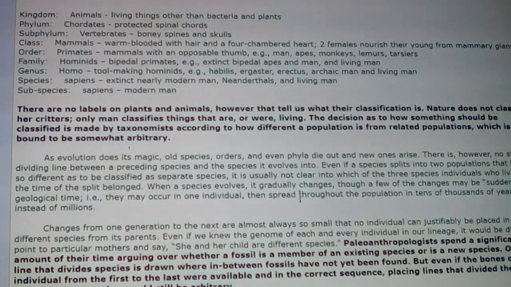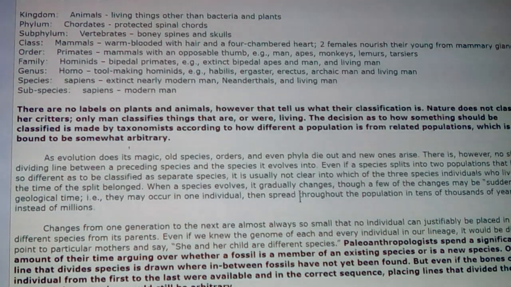Paleoanthropologists spend a significant amount of their time arguing over whether a fossil is a member of an existing species or is a new species entirely. Often the line that divides species is drawn where in-between fossils have not yet been found.